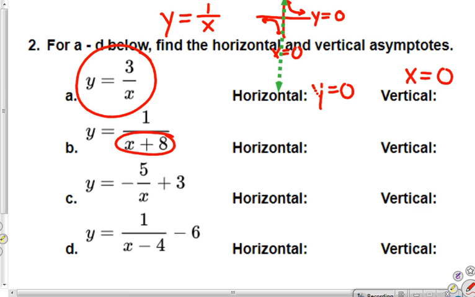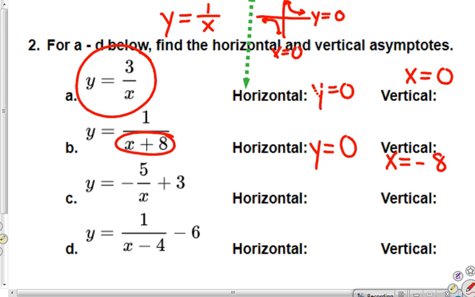So it's going to go left 8, so the vertical is going to go to x equals negative 8. If all the graph does is shift to the left, does that affect the horizontal? Say no. The student said no. So therefore, your horizontal is still at y equals 0.